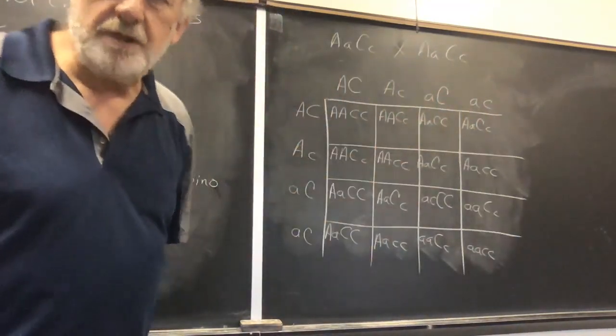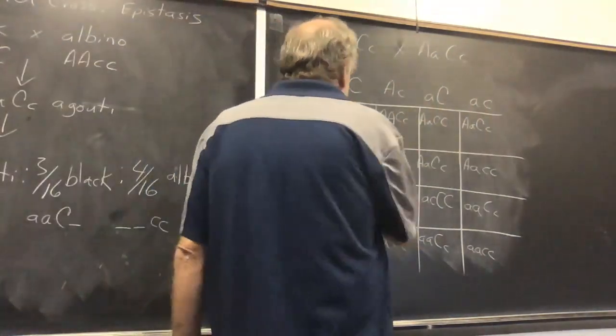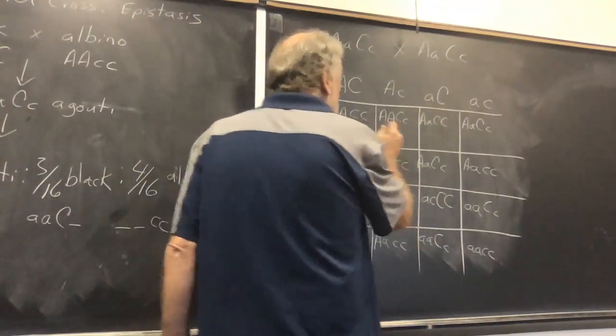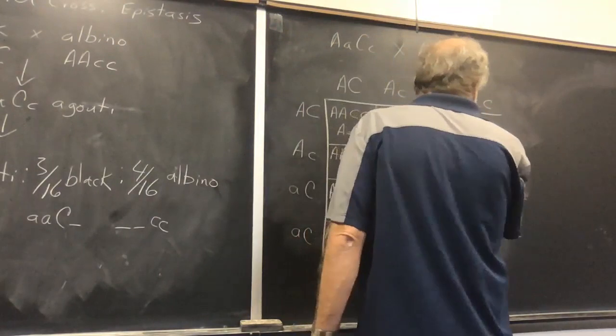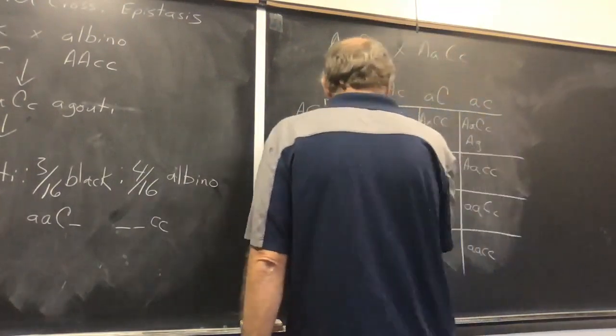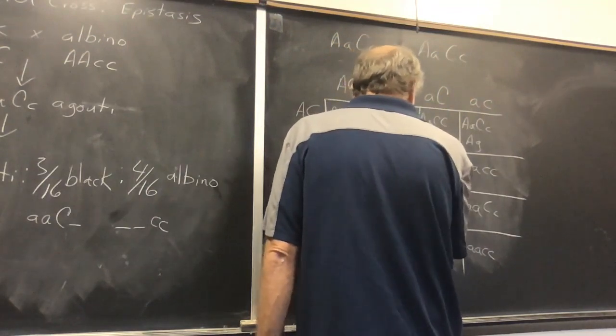Now let's add phenotypes to them to see how we get this ratio. Let's use A G for agouti, and W I'll use for white instead of albino.